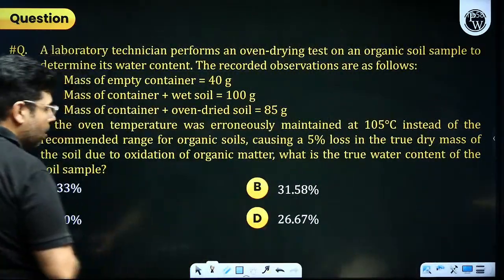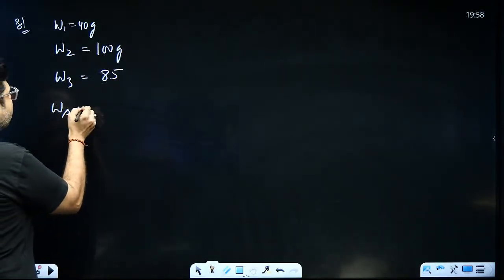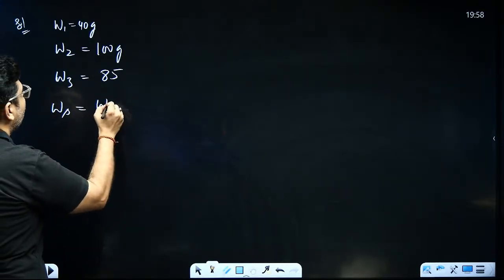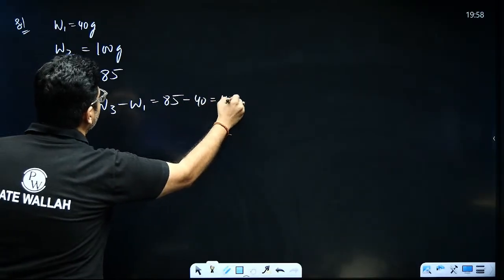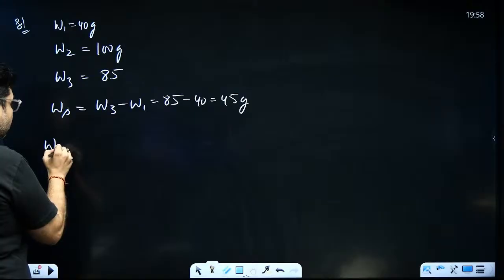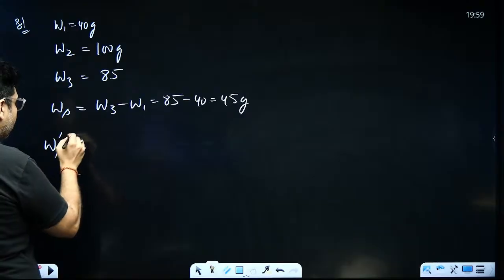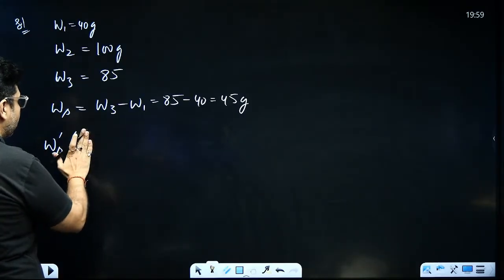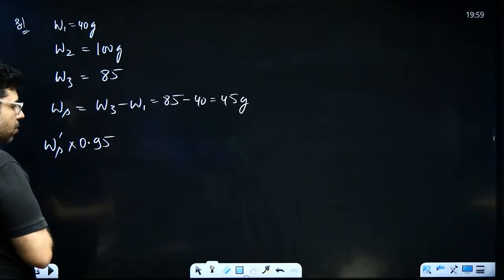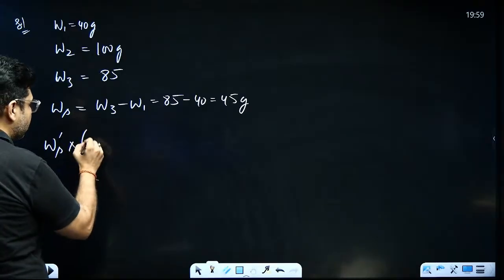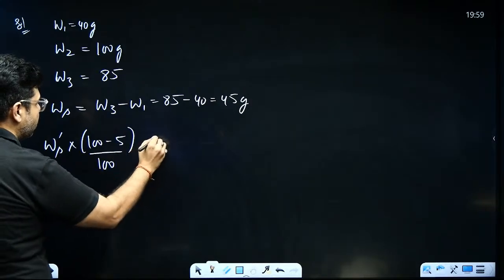So 5% loss has occurred, so we have to find out the correct weight of solids. The weight of solids is W3 minus W1, that is 85 minus 40, 45 grams. But WS dash multiplied by 0.95, that is (100 minus 5)% divided by 100, is equal to WS.